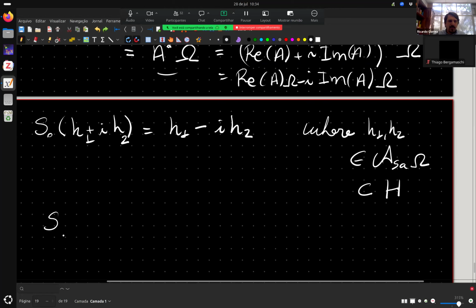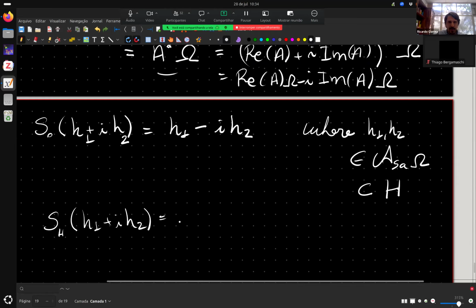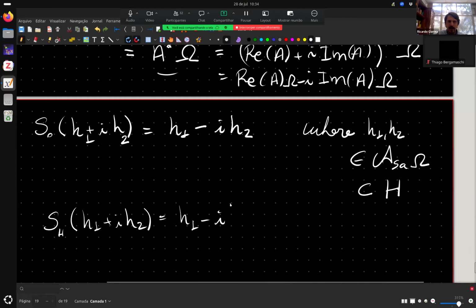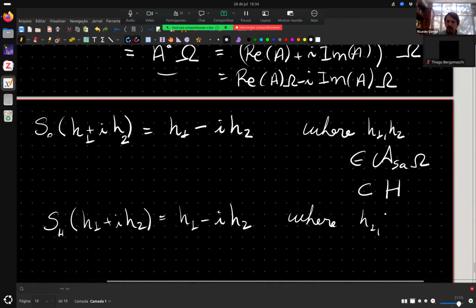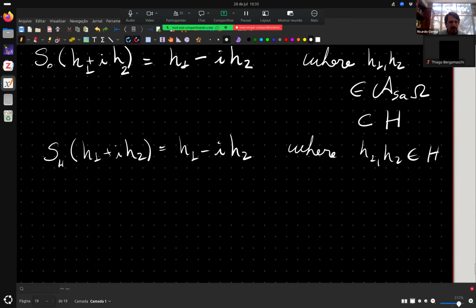Let me call it directly S of H, which is the one where I take H1 plus I H2, exactly the same operator, just with a bigger domain, where H1 and H2 belong to H. Notice that this is a well-defined operation exactly because H is separating.